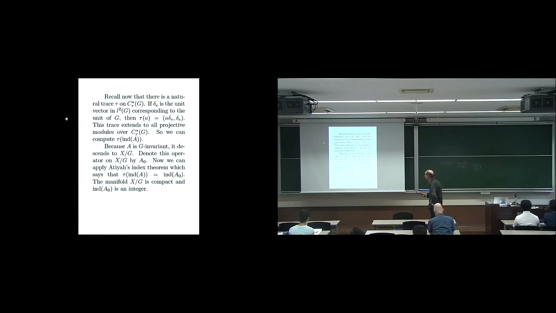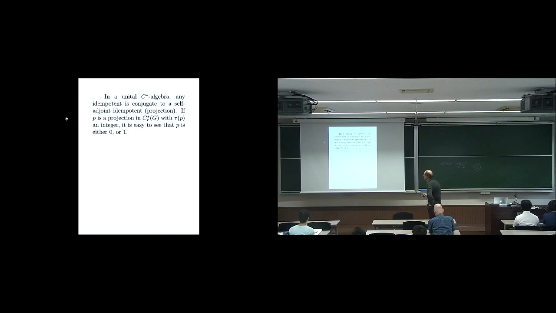So this trace on the index is an integer. And because the trace is faithful, you consider the trace on a projection, and if it is an integer, it can only be 0 or 1. Thank you.